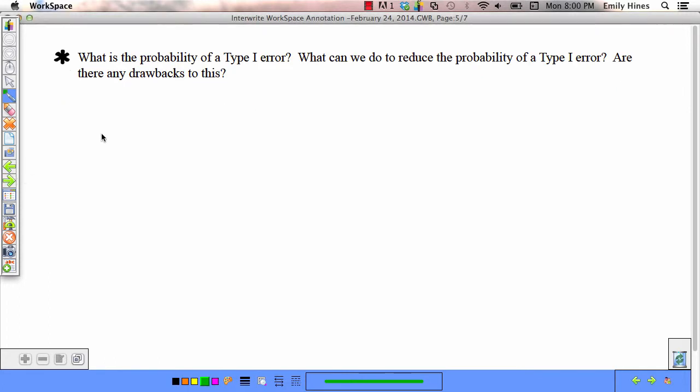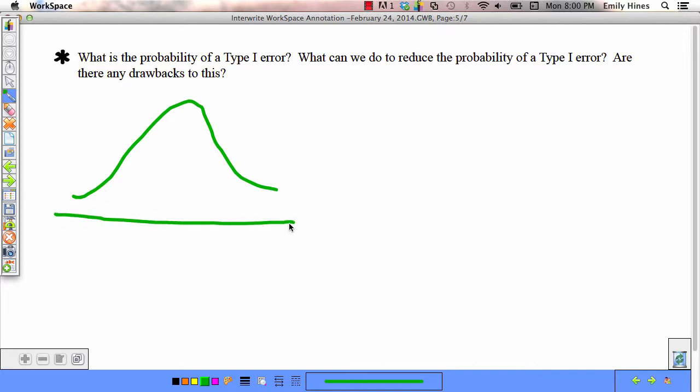Okay, so let's talk about the probability of a type 1 error. If you think about it, we have our sampling distribution, our normal curve, and we have all the different values of, well, if we're going to stick with our McDonald's or fast food chain, those were p-hats. So we have all the different values of p-hats that we could possibly get, all in this normal distribution. And where we get our p-value, remember, is that we set some alpha value.